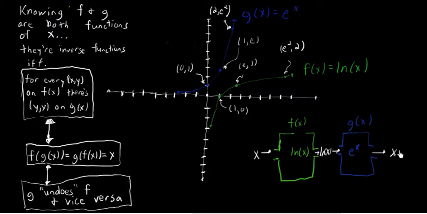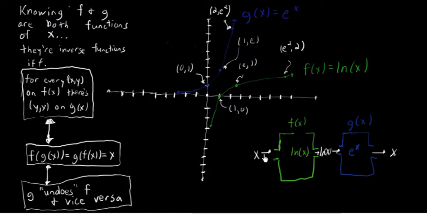So this is the g of f of x case. In other words, you can see that g undid what f did. f took x and it spat out the power to which we raise e to obtain x. And then g raised e to that power to give you back x. So in this case, g undid what f did.